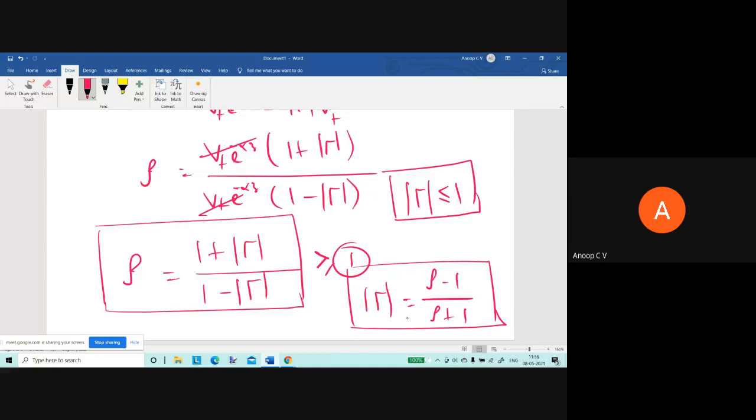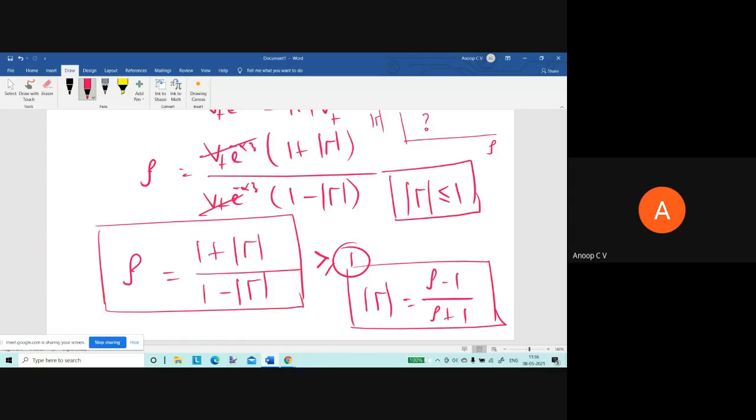If you plot the value of rho, the VSWR, versus the reflection coefficient, along this axis is the voltage standing wave ratio, rho, and along this axis the magnitude of the reflection coefficient. What graph will you get?